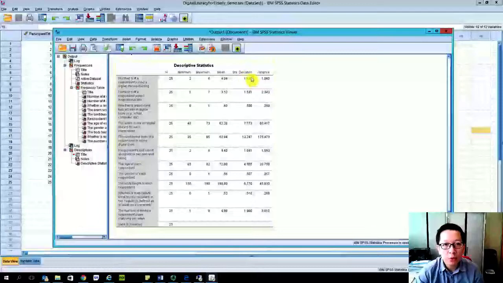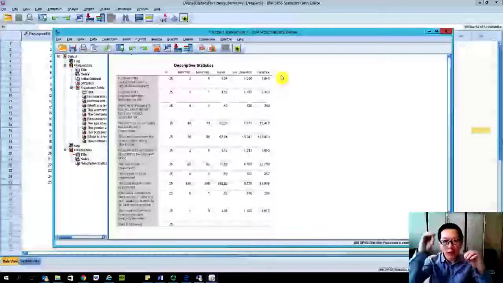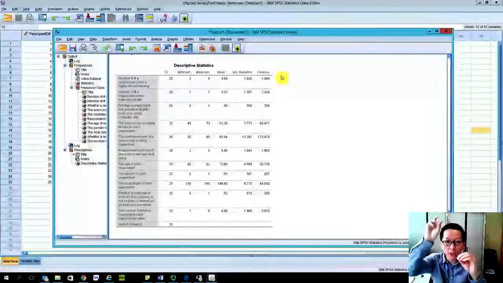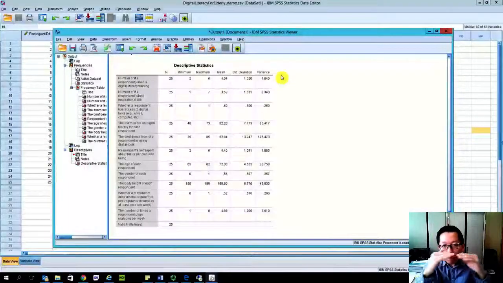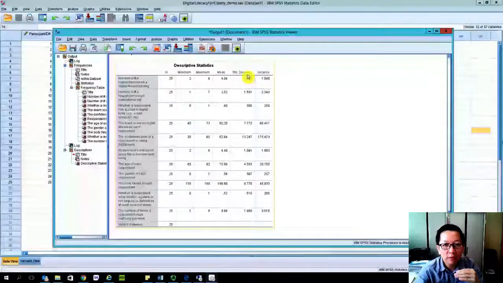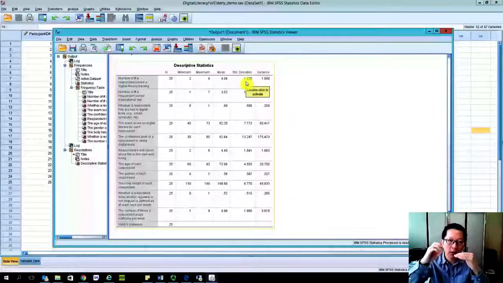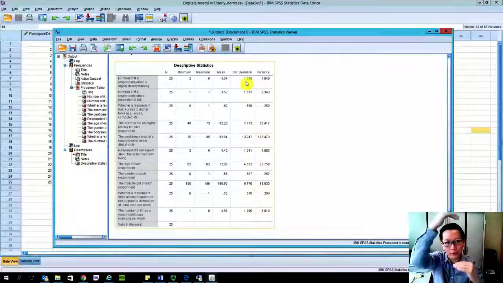The standard deviation is 1.2. Actually, the meaning of standard deviation and variance are very similar. It's about how far off each of the observations or each of the respondents is from your mean value. Mean value is the average value, right? So the standard deviation is just a standard unit of how far your data is spread out.